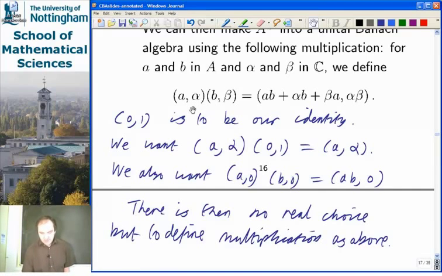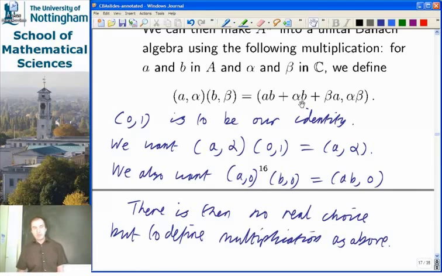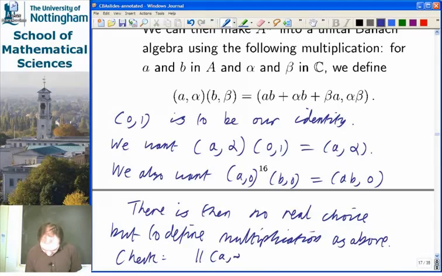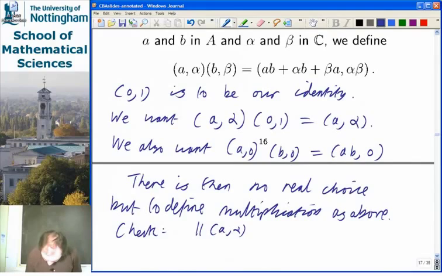And the alpha, which is acting like a constant, gets multiplied by the b and brings you the alpha b. And those are the bits that are in A. And then you have to multiply the constants together, the alpha times beta, to give you the complex number that you have in the product. And then you have to check that the norm of (a,alpha) times (b,beta) is submultiplicative. And that's a nice easy exercise again.